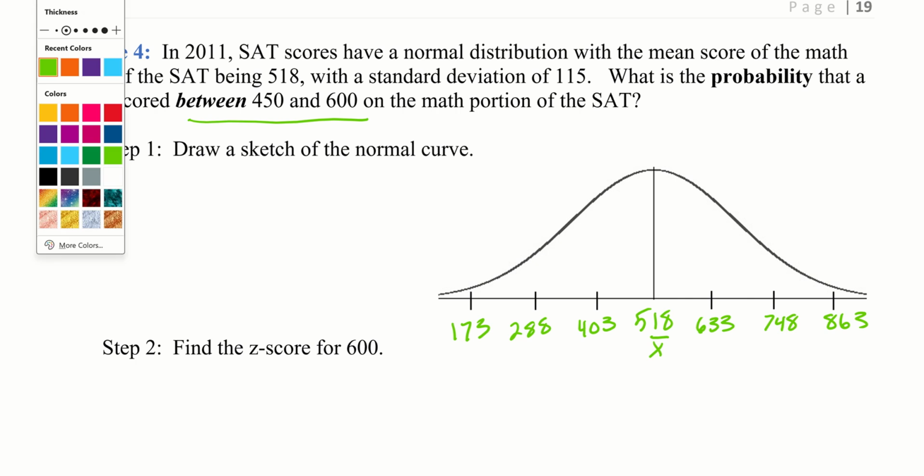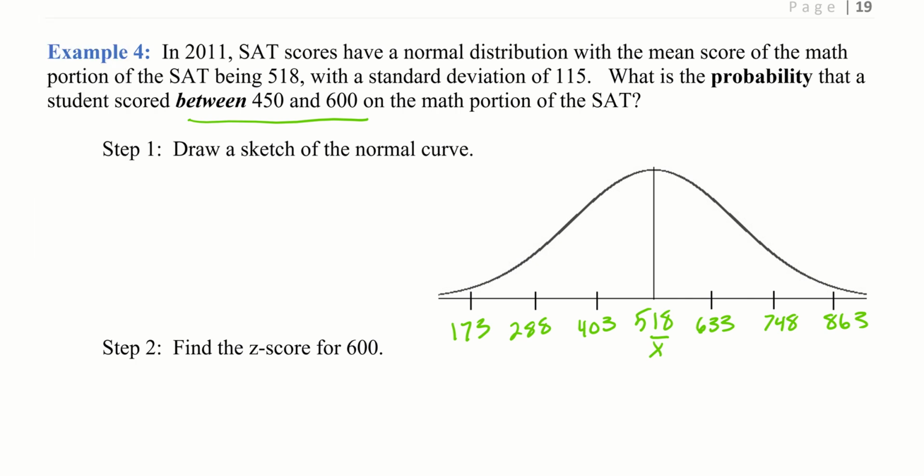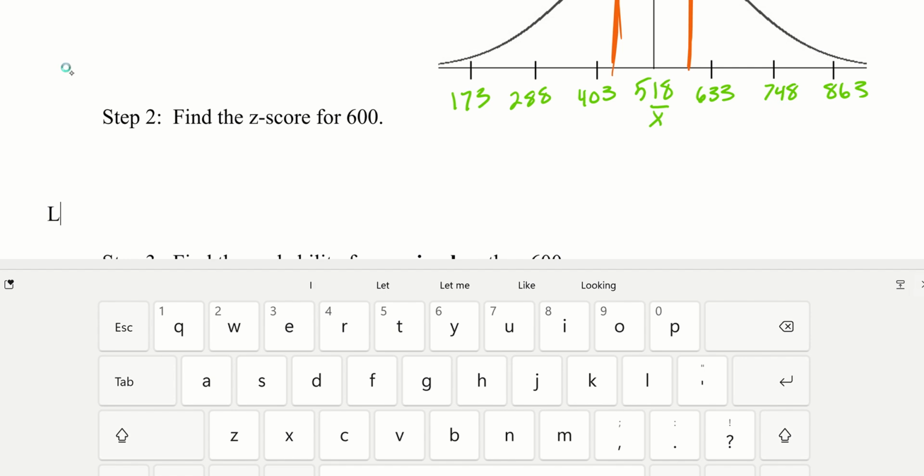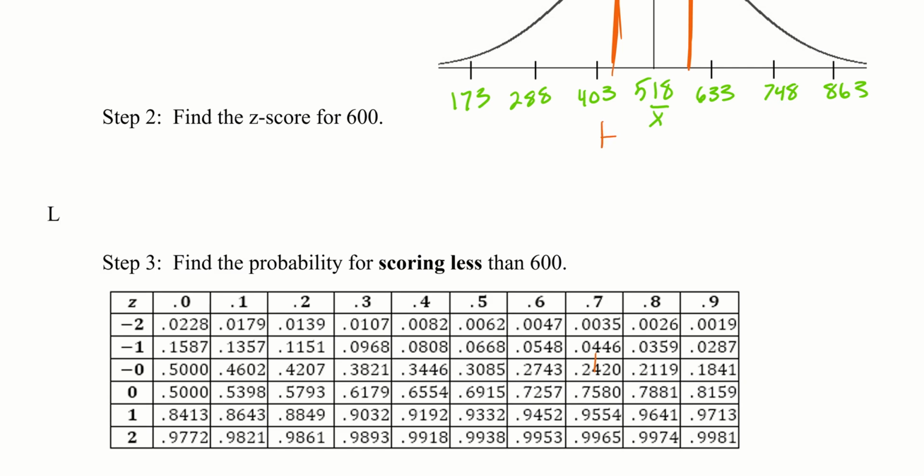And so my question is, I want between 450 and 600. We know that between these two is 68% from last class. So we know our answer should be less than 68% because it's in between those two. That's a good hint when we finish the problem to see if we did it right.